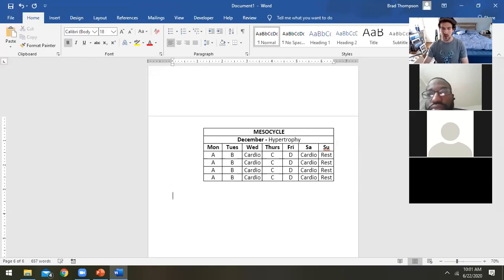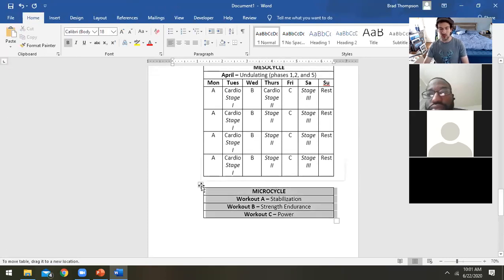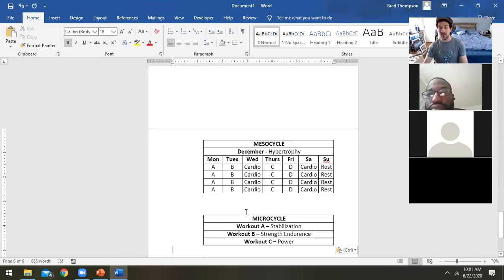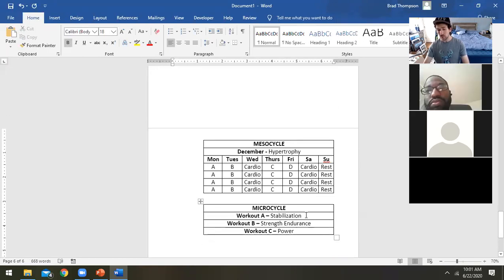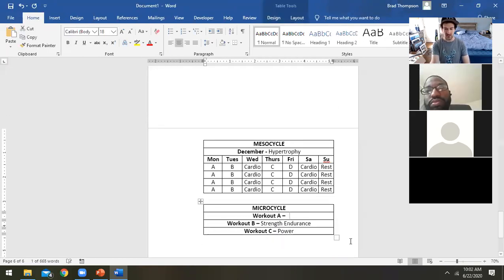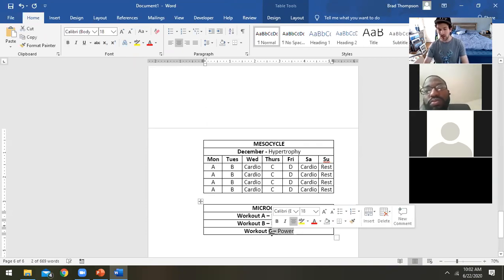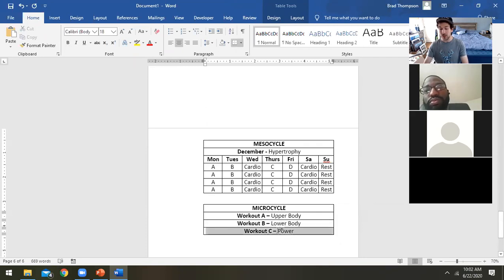And so then their microcycle, you know, you could maybe write this out just slightly different. Workout A is upper body. Workout B is lower body. And then you have a different workout for C. It is still upper body, but it's different.